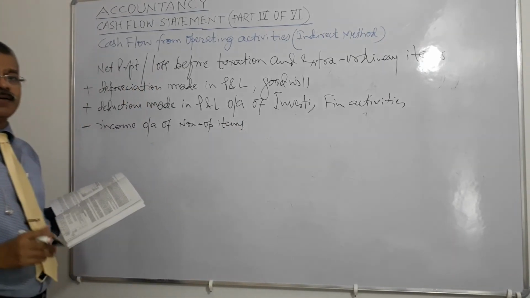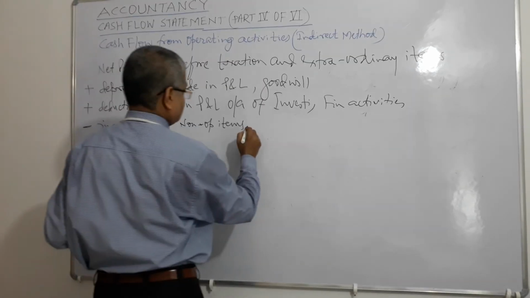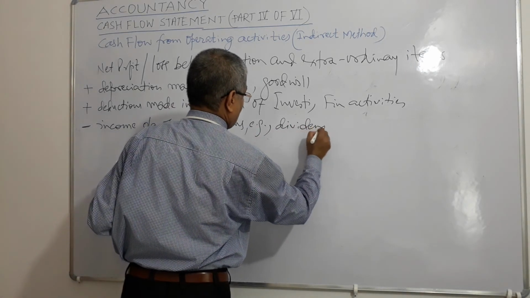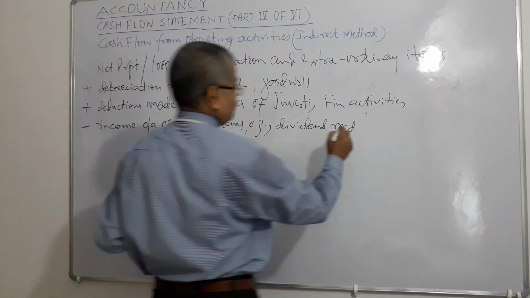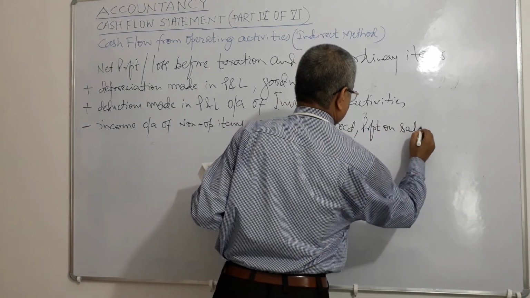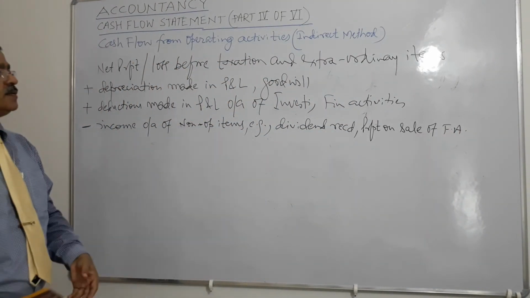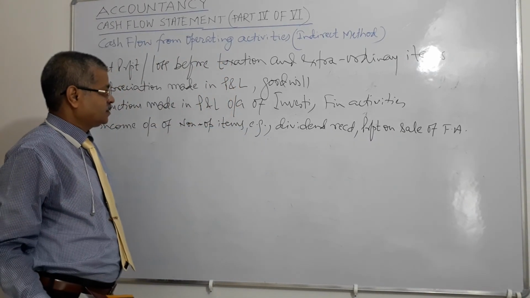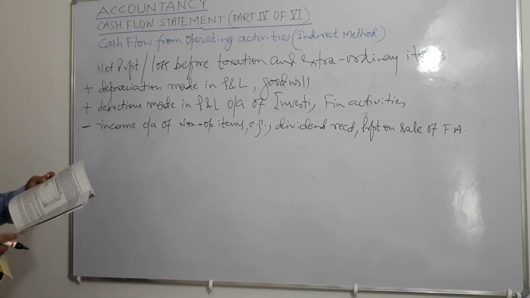What are non-operating items? Investing and financing activities items, such as dividend received, right? Dividend received, profit on sale of fixed asset. What is that? It arises out of investing activities, right? So this we will deduct. It has already been taken in P&L.